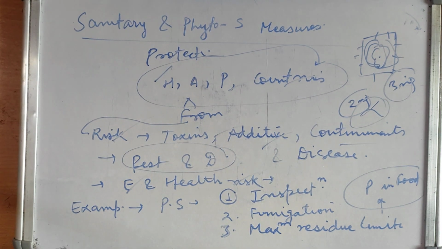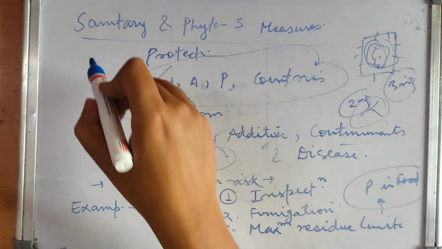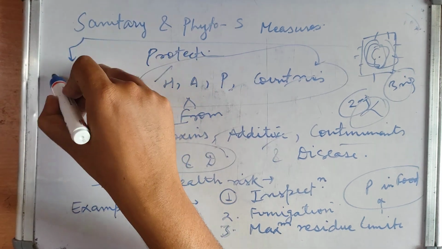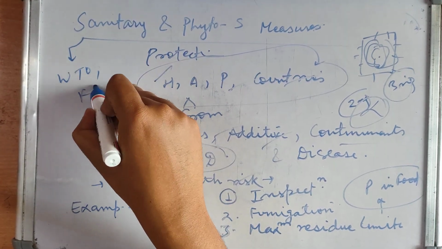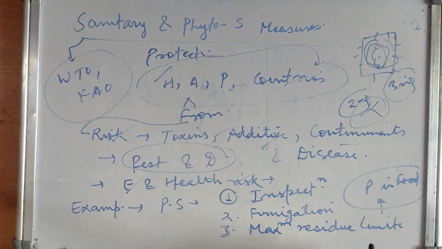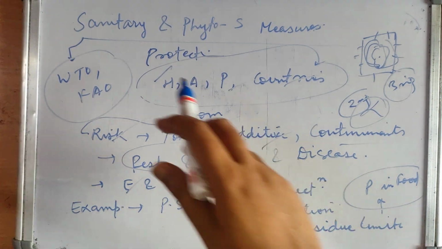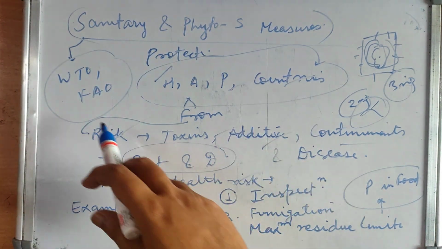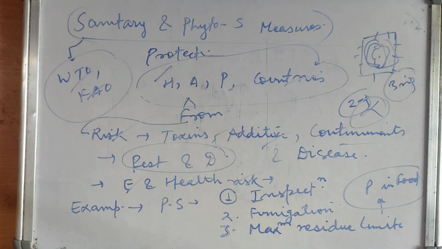And there are some agencies involved in sanitary and phytosanitary measures, such as WTO and FAO. These two are major global agencies involved in agricultural products.